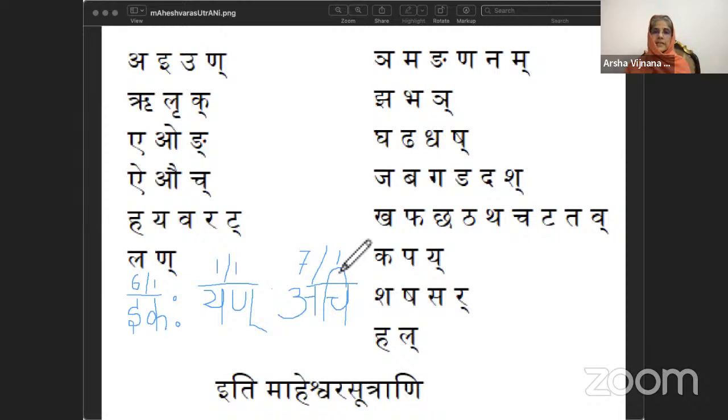So he says, shashthi sthane yoga. There is a sutra, which means the sixth case is the place where the grammatical operation takes place. So where is the sixth case here? Ikah. So the ik letters, we'll see what they are very soon.